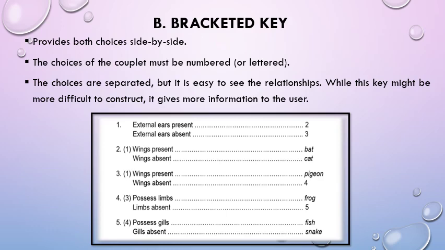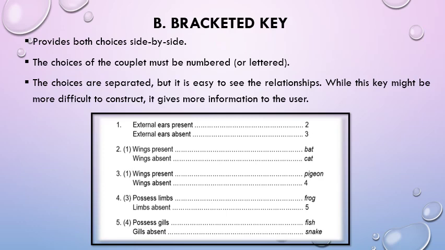So let's read its example. Number 1, external ears present, external ears absent. If the external ears are present, then move to number 2, and if external ears are absent, then move to number 3. Okay, on number 2 the leads are wings present or wings absent.